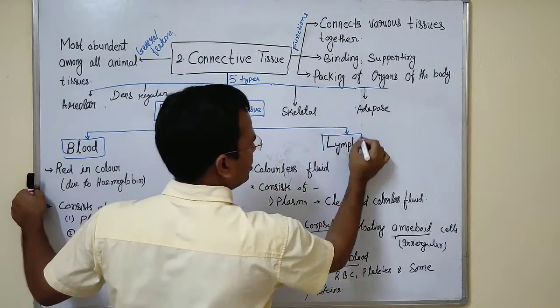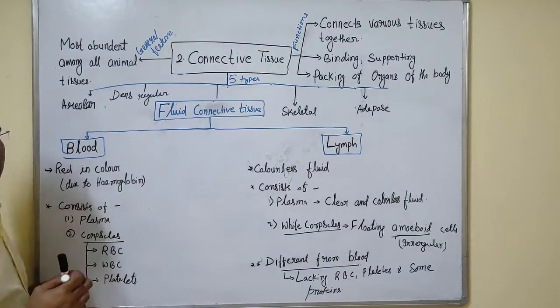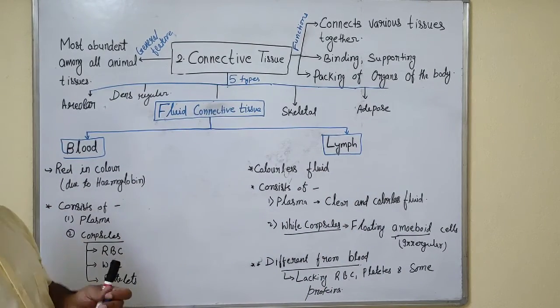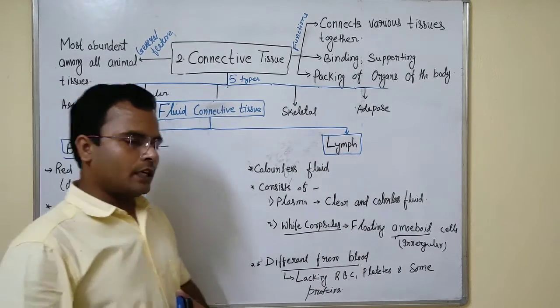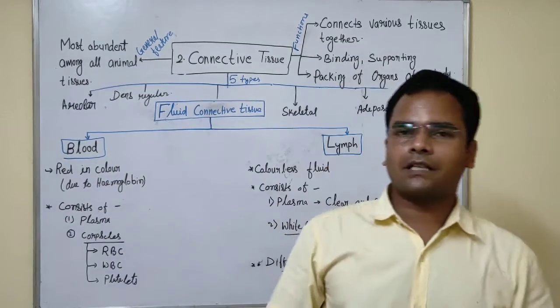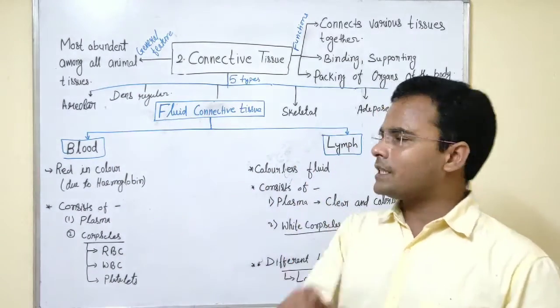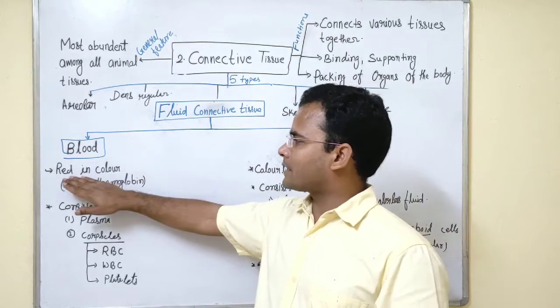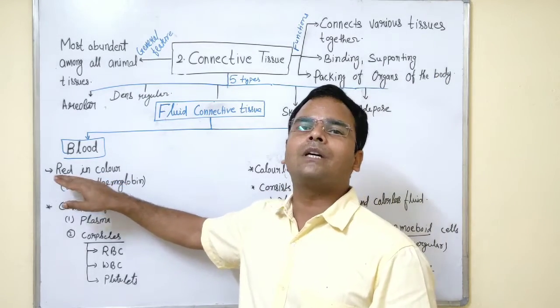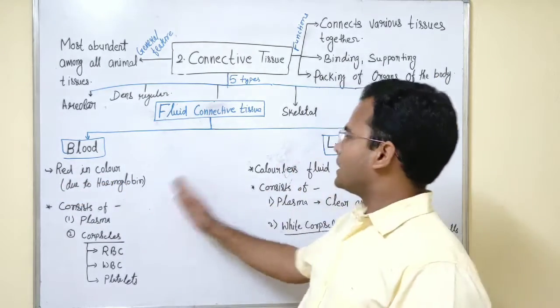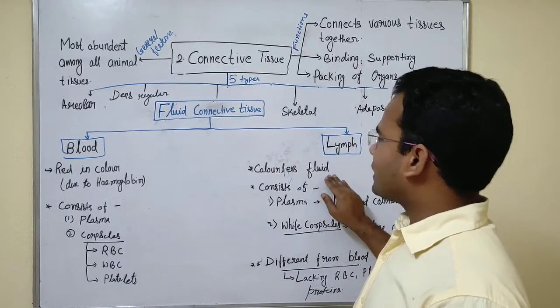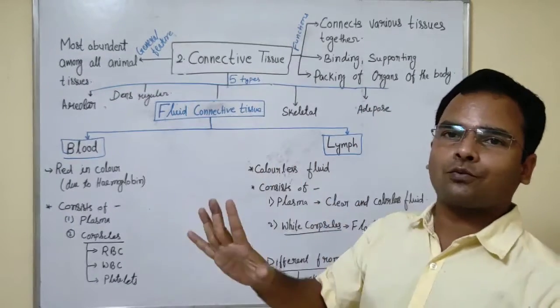First I would like to clarify the differences between the blood and the lymph. They appear almost the same, and the differences are slight, but the major difference is that the blood appears red in color because of the presence of hemoglobin, but the lymph is a colorless fluid.